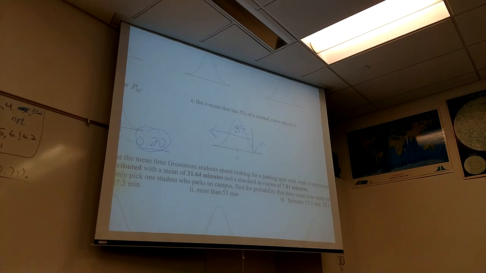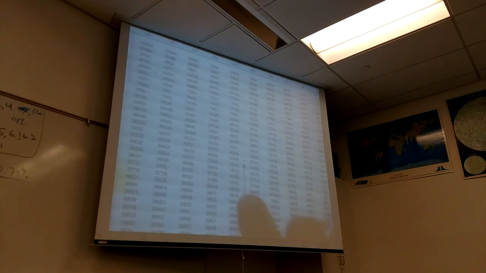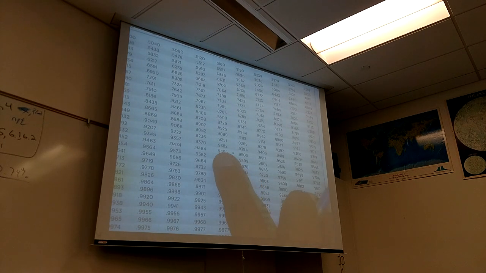Trying to get as close as you can to 0.95, if you don't have something interesting happen, you're doing it wrong. What's the closest I get to 0.95? Right in between those two, right?